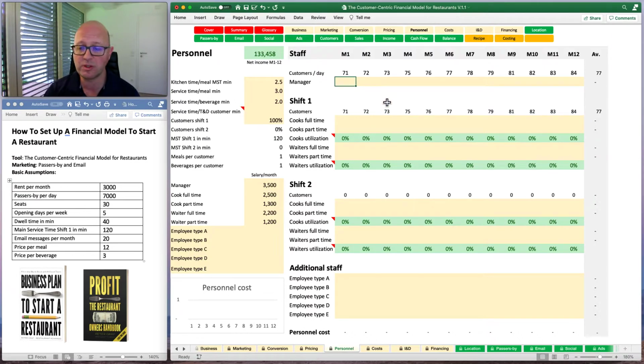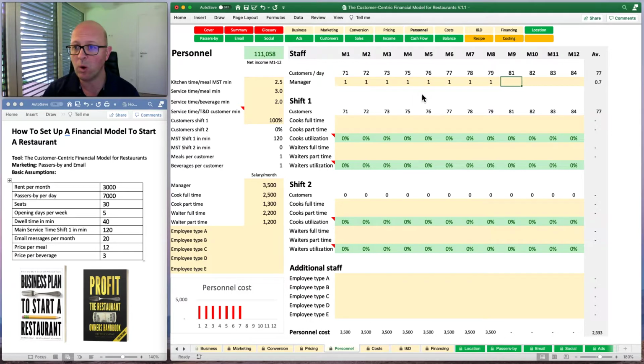So this allows you a detailed planning of your personnel. Let's say we plan a manager. You also could leave the manager out if you are working yourself in your business. But let's say we plan a manager. We put in one manager for each month.